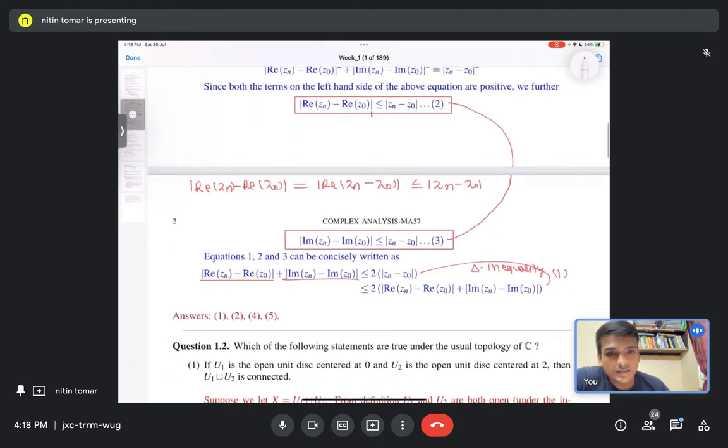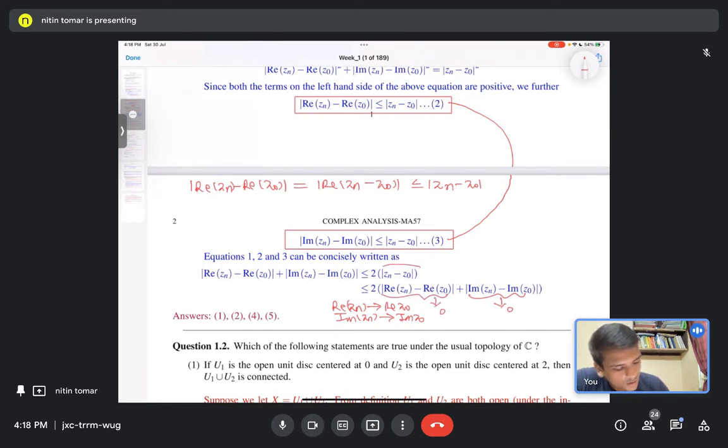So you can see that these two inequalities bound each other, in the sense that if you assume that the real part of zn converges to the real part of z naught, and the imaginary part of zn converges to the imaginary part of z naught, then this will go to 0 as n tends to infinity, and this will go to 0 as n tends to infinity.